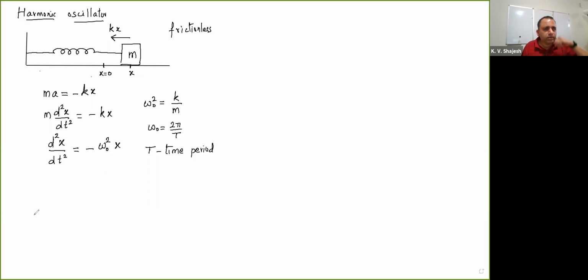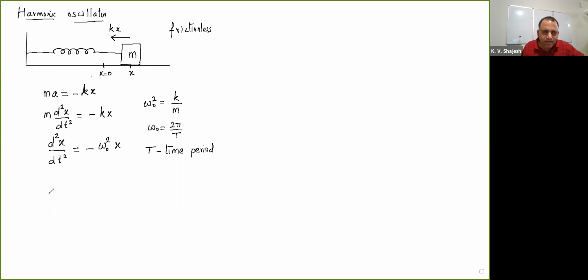And what we ask here is: the derivative of what function, when taken two times, gives you back the function itself with a scaled quantity omega naught squared, and it changes sign. And we immediately think of trigonometric functions, sine and cosine. And we typically realize that sine is a solution, cosine is also a solution.